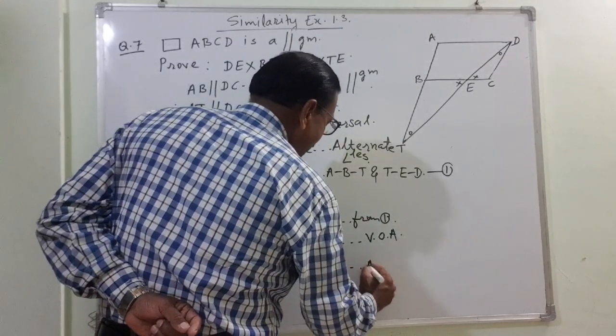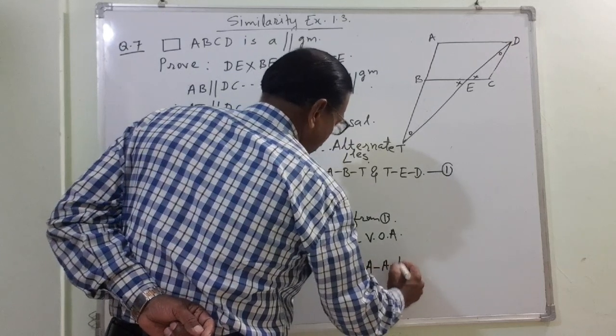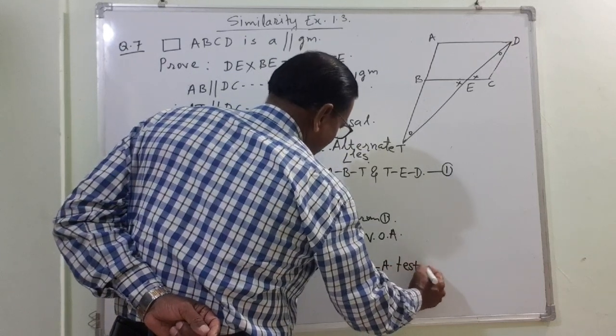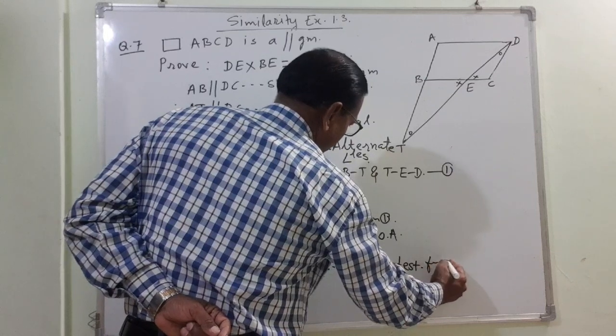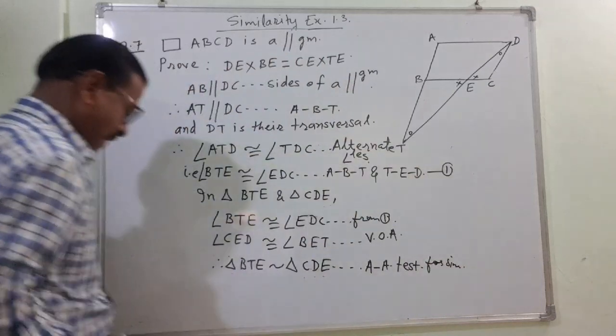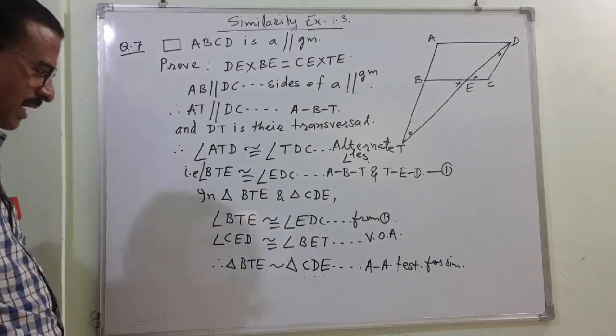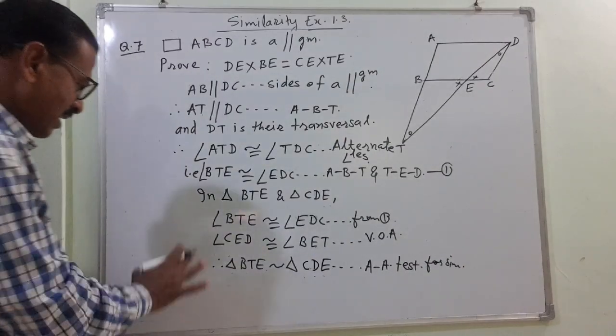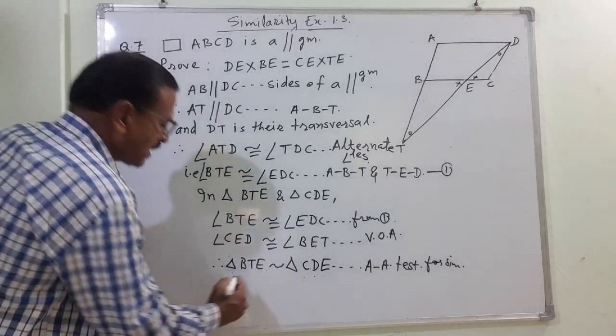Reason: AA test for similarity. That way you have to write. If these two triangles are similar, then the ratio of corresponding sides is the same.